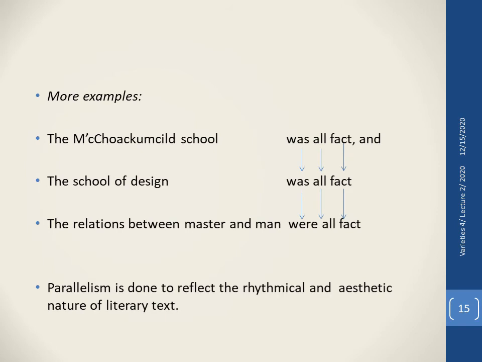The M'Choakumchild school was all fact, and the school of design was all fact, and the relations between master and man were all fact. So as you can notice here, parallelism in these examples serves to give phrases a pattern and rhythm, and most importantly, it balances between the ideas and the arguments that are equally important.